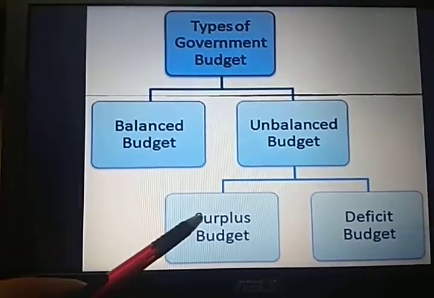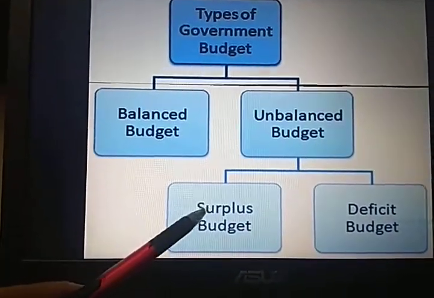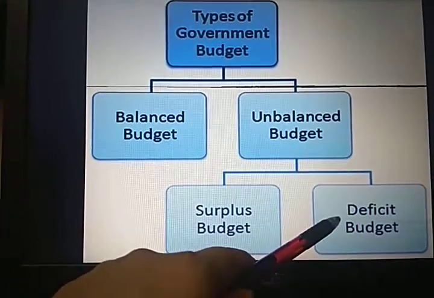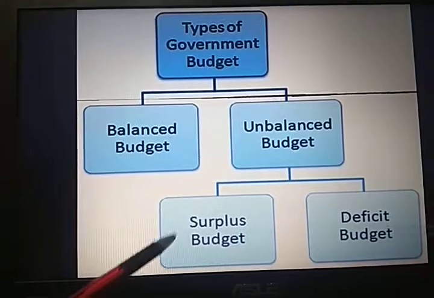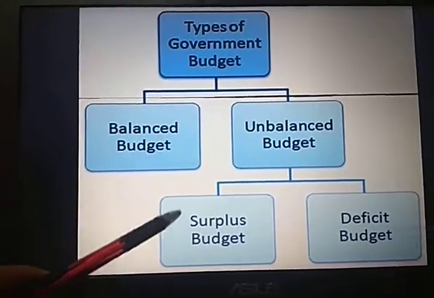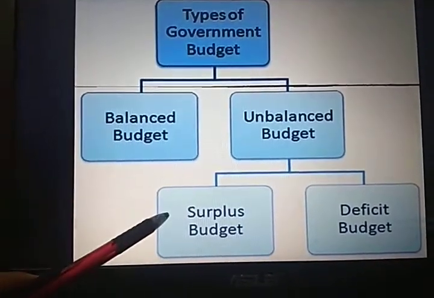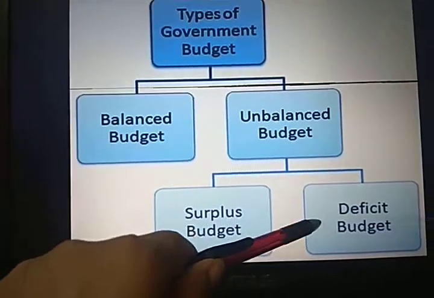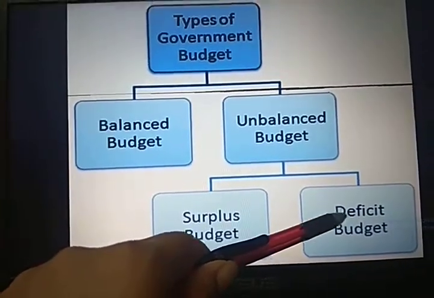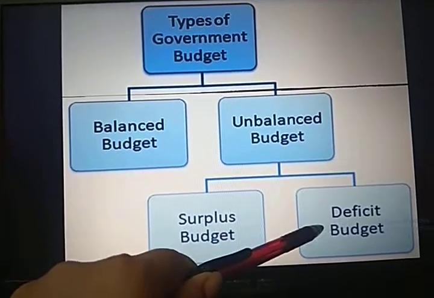Unbalanced budget is divided into two parts: surplus budget and deficit budget. Surplus budget is the one wherein government's receipts are more than government's expenditure, and deficit budget is the one wherein government expenditure exceeds government receipt.